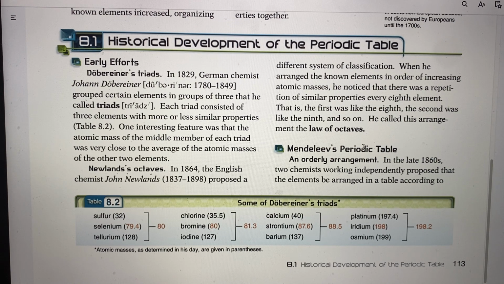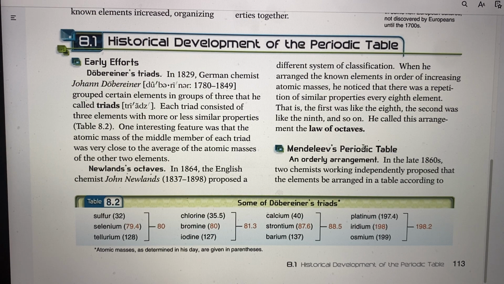So he thought it looked like octaves. We'll call it the law of octaves, octave meaning 8. He put them in groups of 8, and he thought, this is kind of like music in octaves. And it looked pretty nice at that point.